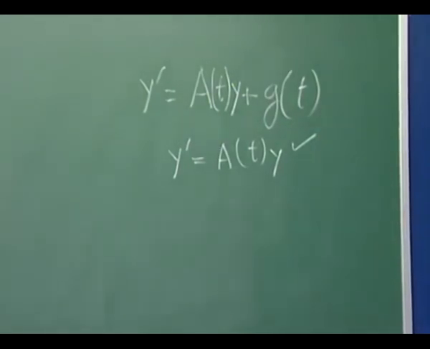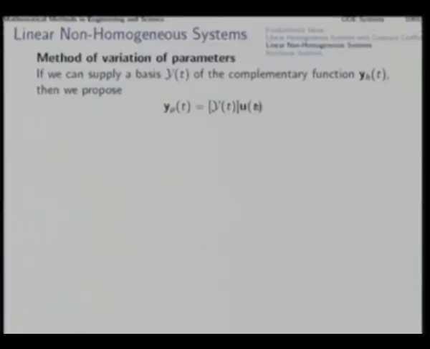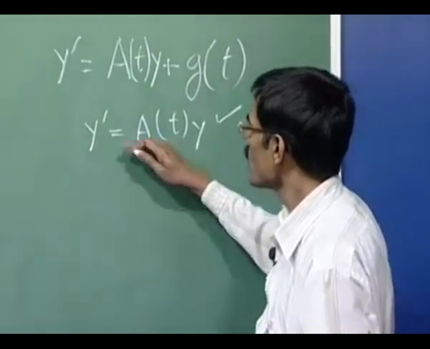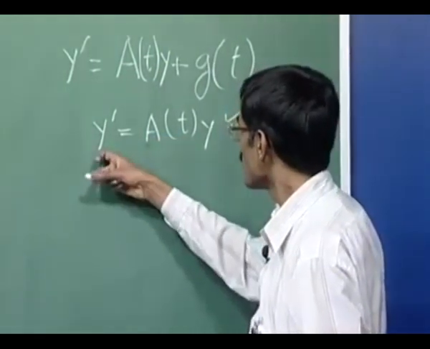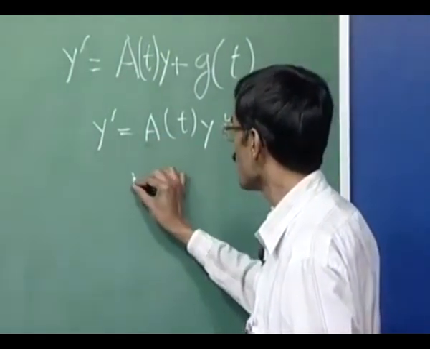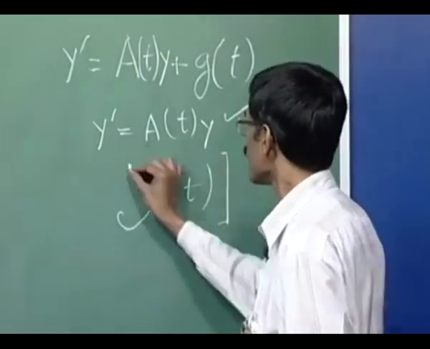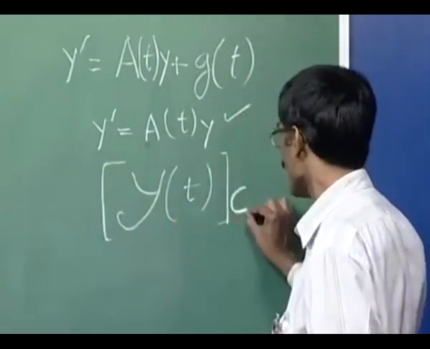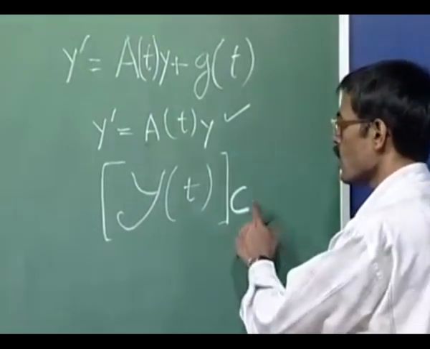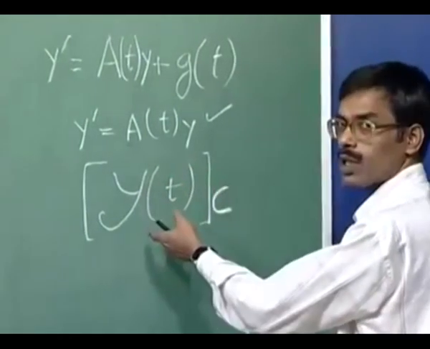How do we do that? We propose this, that is the way we develop the complete solution of the homogeneous equation, with the help of this matrix multiplied with a constant vector, that is C1 y1 plus C2 y2 plus C3 y3 and so on.